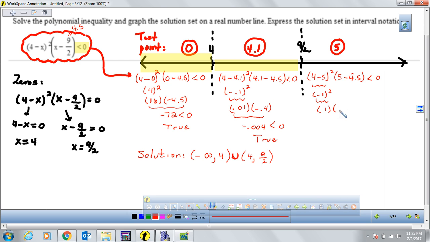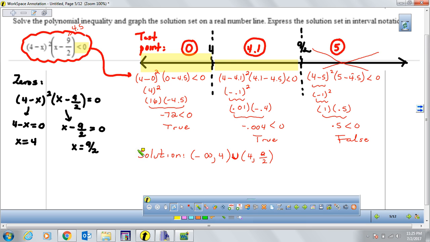Now 5 minus 4.5 is going to be 0.5. 1 times 0.5 is going to be 0.5. Is that less than 0? That is going to be a false statement. Since this last one is false, that means that any number from 9/2 to infinity is not a solution, because any number in this interval is going to make that inequality false.